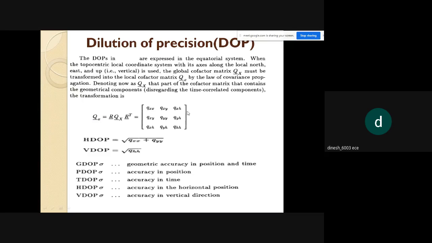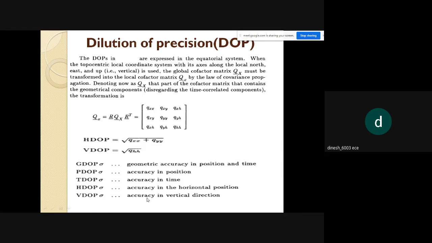You'll get this equation: Qxx, Qxy, Qxh, Qxy, Qyy, Qyh, Qxh, Qyh and Qhh. Why? Because we are going to find only the vertical and horizontal. We are not bothered about the altitude, so vertical positioning and horizontal positioning. Why?